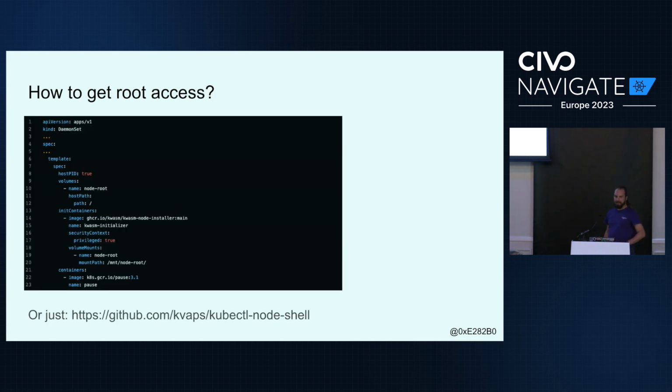How do I get root access when I'm starting a container? This is a manifest where, for convenience, I have mounted the root path of the host to my container, so I can easily copy over binaries. And we have, where is it? hostPID true and privileged. So this is the most mighty container you can start.